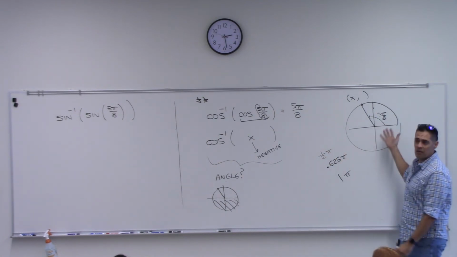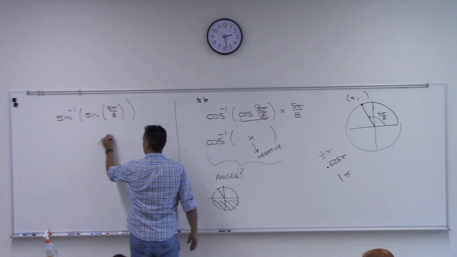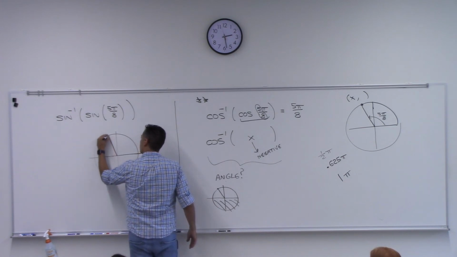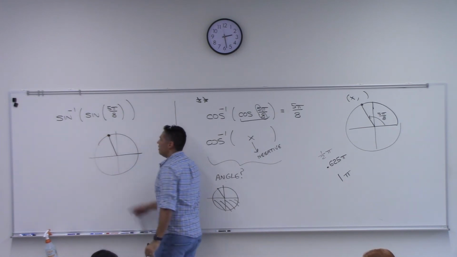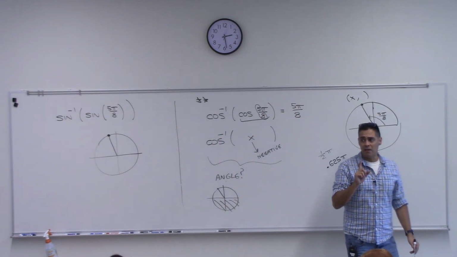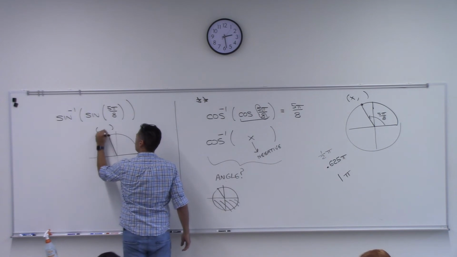Well, we already did that, right? So we know where we are here. Right here. And sine of that angle is which coordinate? The y coordinate, right? So my y coordinate is here.